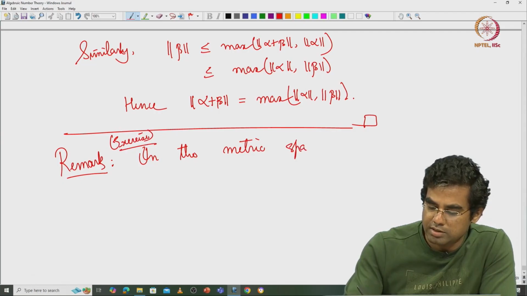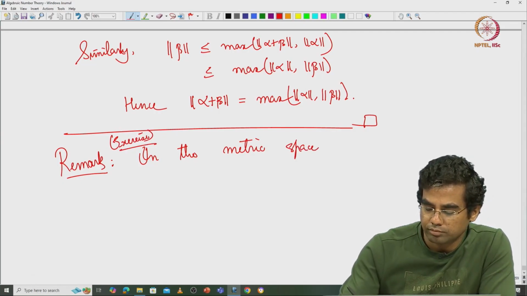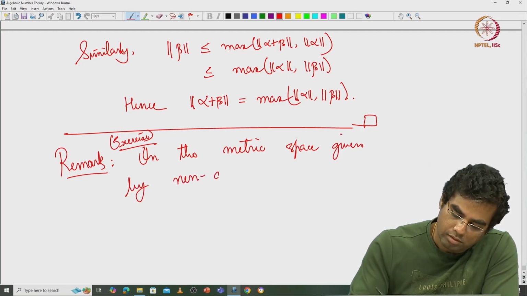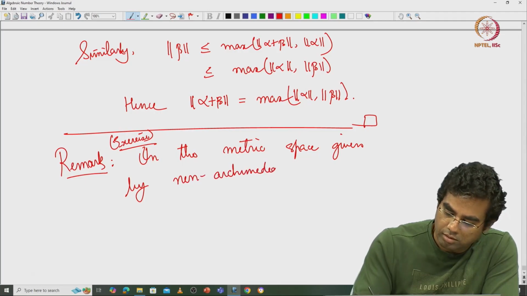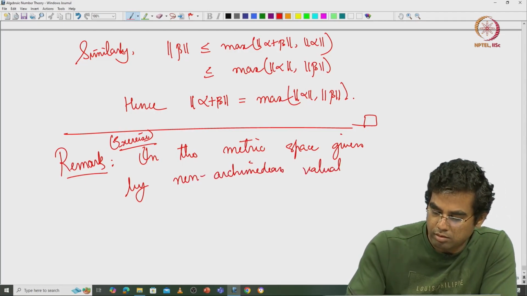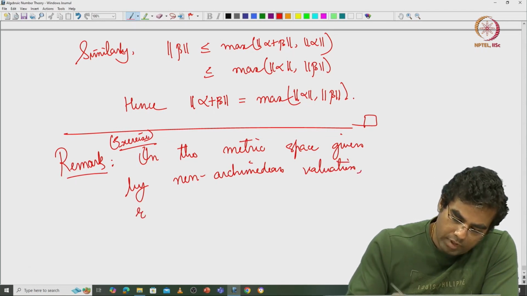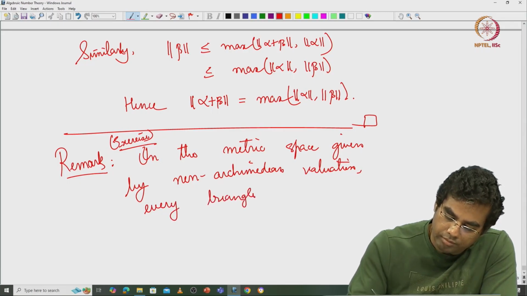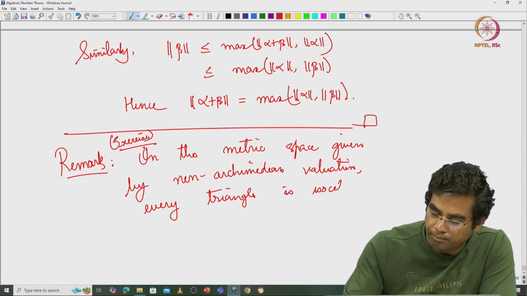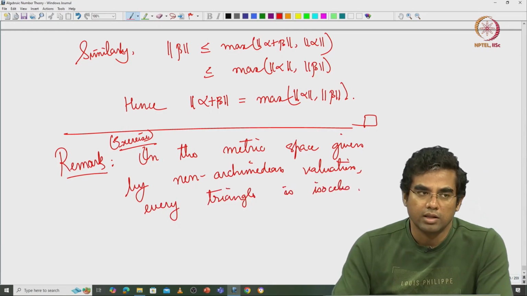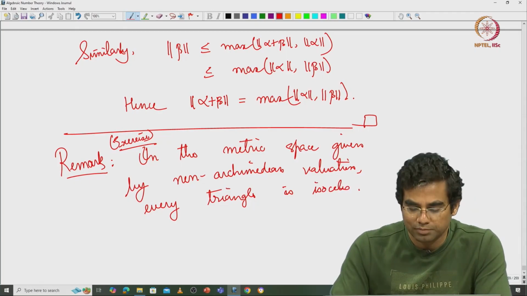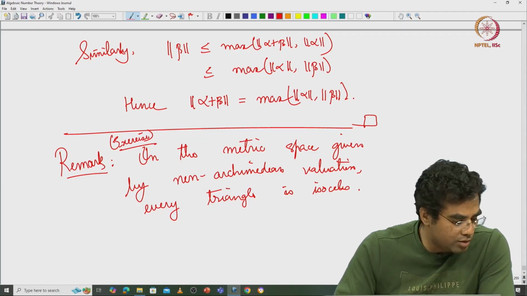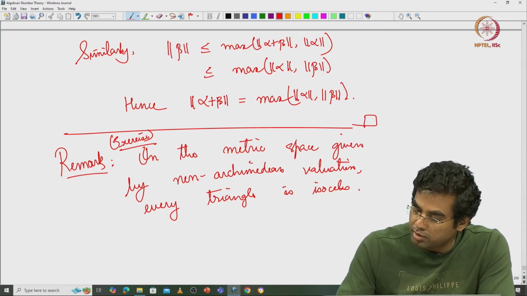In the metric space given by non-Archimedean valuation, every triangle is isosceles, okay, which means that in any triangle there are two sides that are equal. So that's something curious that you don't see in usual geometry, but you see in non-Archimedean geometry.